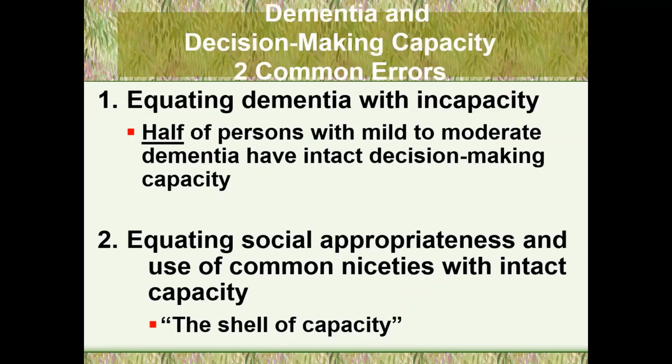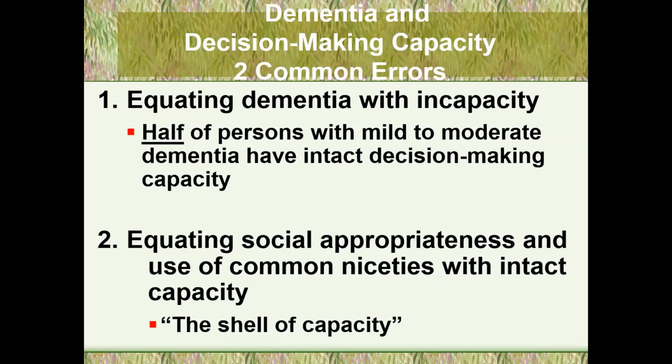Next slide, please. Let's move on specifically to decision-making processes. Now, dementia and decision-making, two common errors. First is that because somebody has dementia, you assume they lack decision-making capacity. And that is not true.